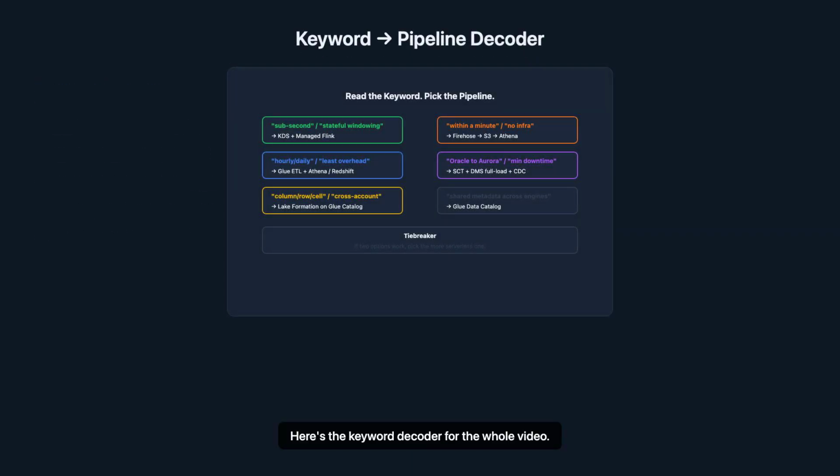Here's the keyword decoder for the whole video. Subsecond or stateful windowing means Kinesis Data Streams plus managed Flink. Within a minute or no infrastructure means Firehose into S3 into Athena. Hourly or daily with least overhead means batch Glue ETL plus Athena or Redshift.